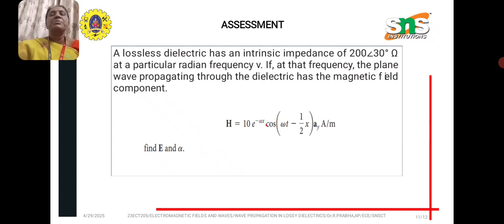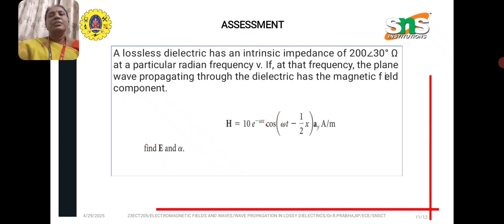As we have observed from the characteristics of an electromagnetic wave propagating through a lossy dielectric, we can easily find the electric field and the attenuation constant from the given parameters. Here the given parameters are the intrinsic impedance eta, which is 200 with an angle of 30 degrees, given in polar form, and the frequency is given, and the magnetic field equation is given as H equal to 10 e power minus alpha z cos(omega t minus 1 by 2 x) ay amperes per meter.